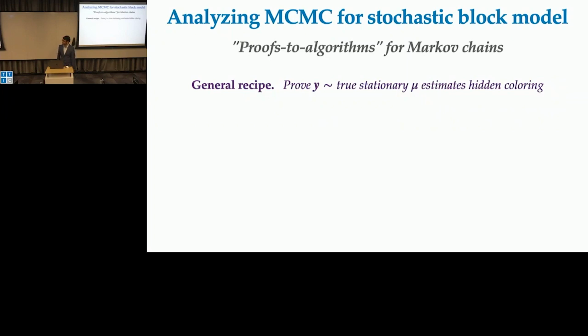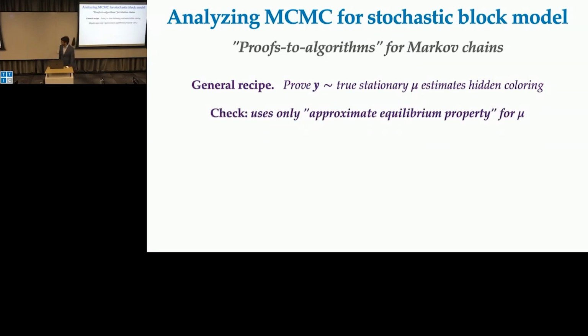Okay, so a general recipe that our proofs follow is something that I'll call a proofs to algorithms principle for Markov chains. In the context of estimating the hidden coloring, let's say you happen to have a proof that the true stationary distribution does in fact estimate the hidden coloring well.